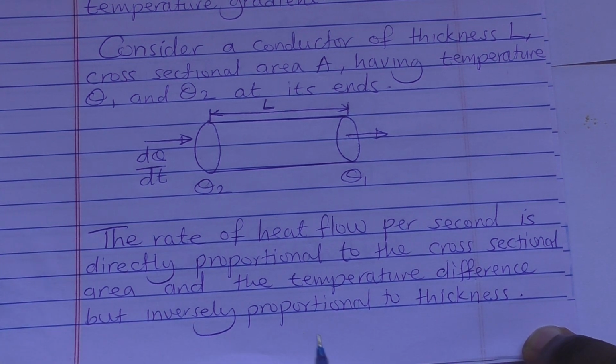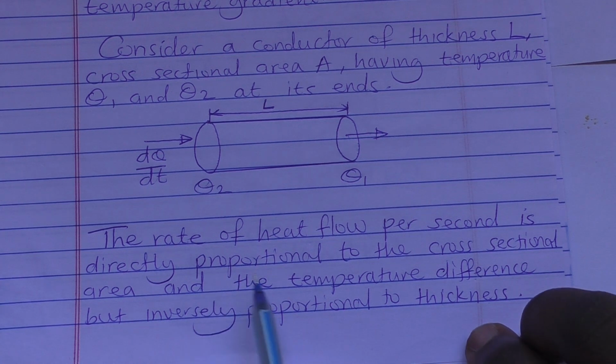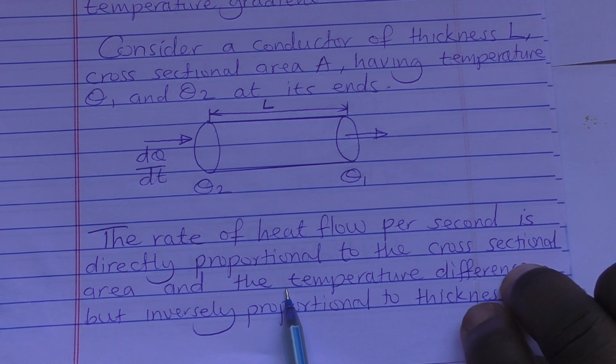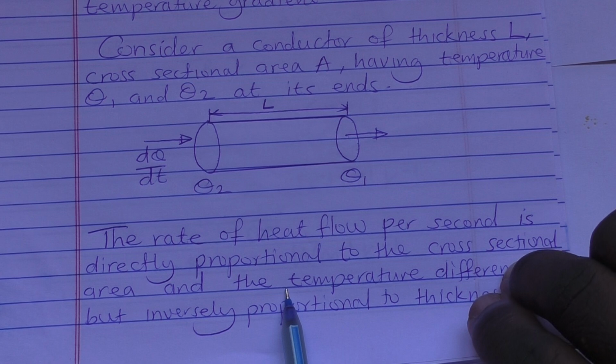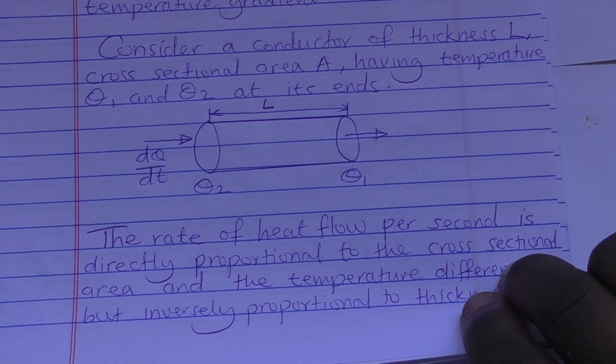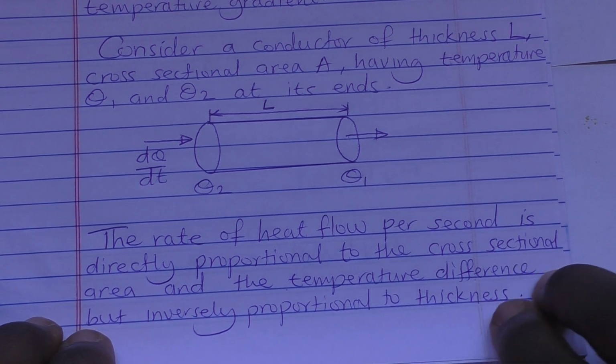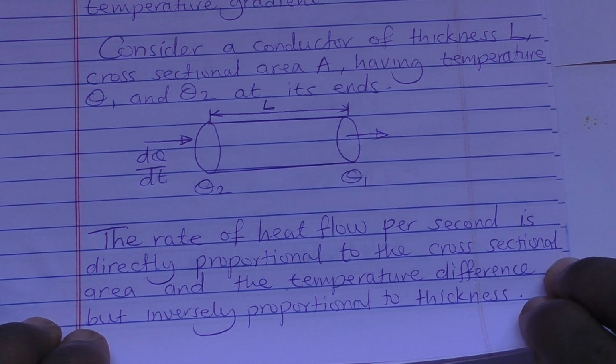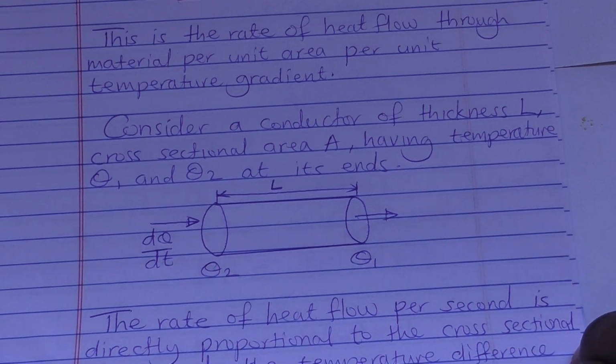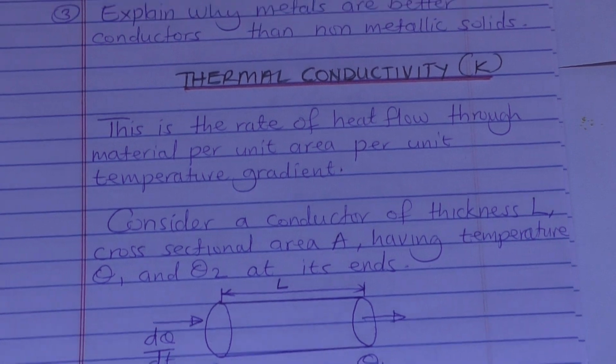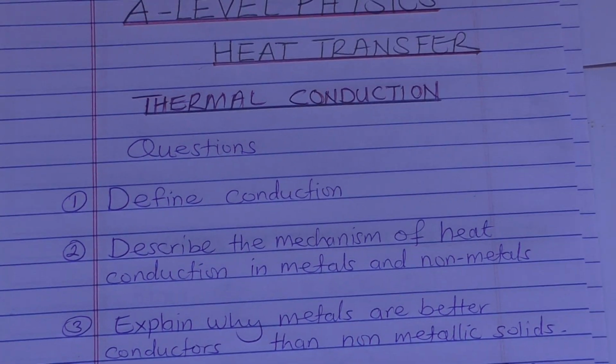So we are going to change this statement into a mathematical statement, and we see how we bring in thermoconductivity, or the origin of thermoconductivity, which is today's major interest.